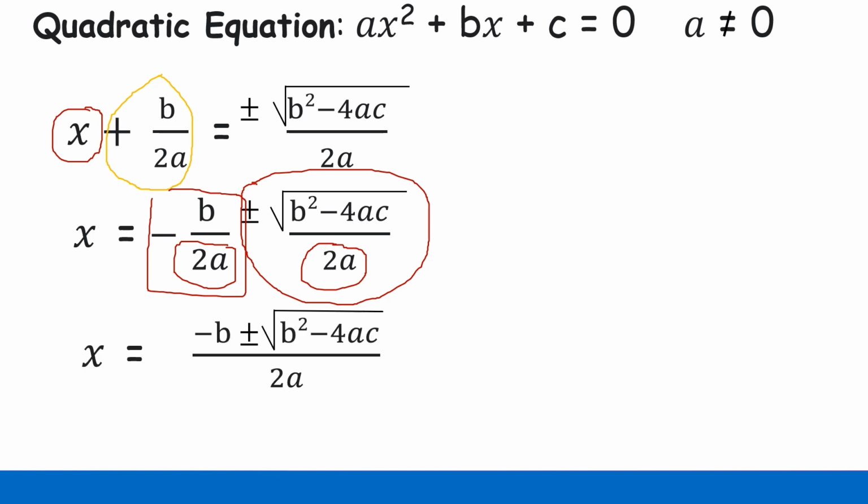Since they have a common denominator, they can be combined as x equal to minus b plus or minus square root of b squared minus 4ac all over 2a. So we have been able to successfully derive the quadratic formula: x is equal to minus b plus or minus the square root of b squared minus 4ac all over 2a. We will be applying this right now, as you will see.